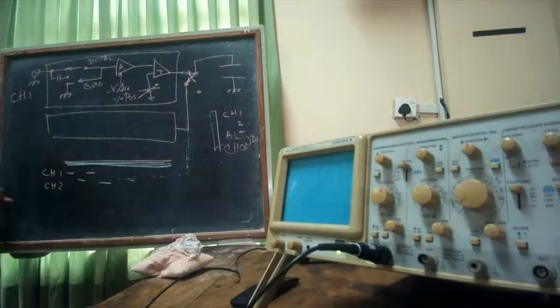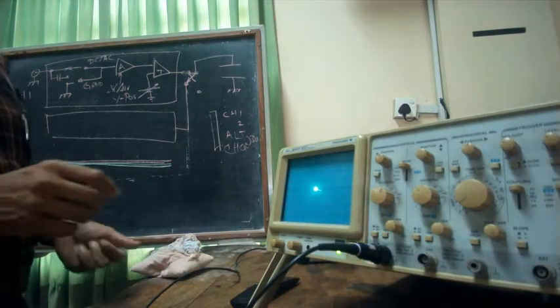But obviously during this time you don't draw the other channel because it's not applied. So if you do that, you will clearly see these signals drawn like broken lines. Okay, I will show you later.